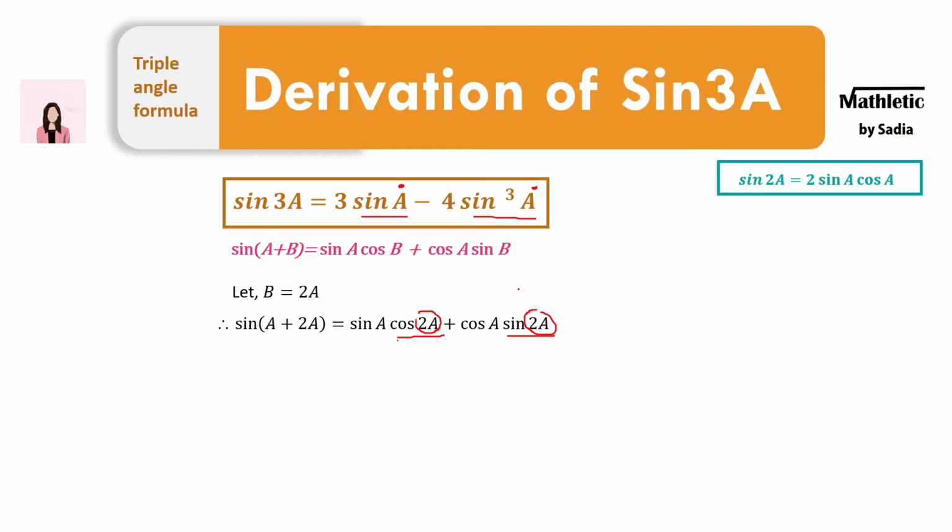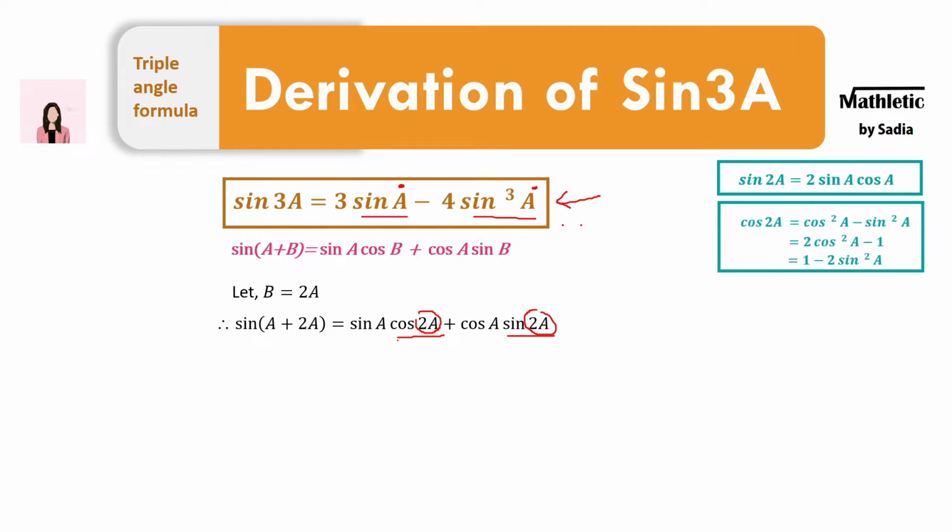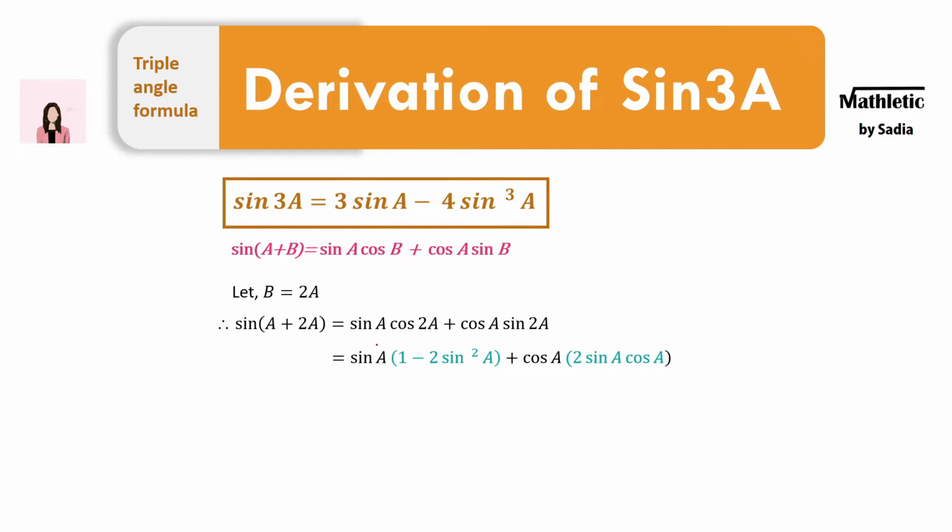So this is the formula for sine 2A, and for cos we have three formulas, but since the final line should be in terms of sine only, that's why I will be using the last formula. So cos 2A is replaced by 1 minus 2 sine square A, and sine 2A is replaced by 2 sine A cos A. Next, we need to simplify this one.